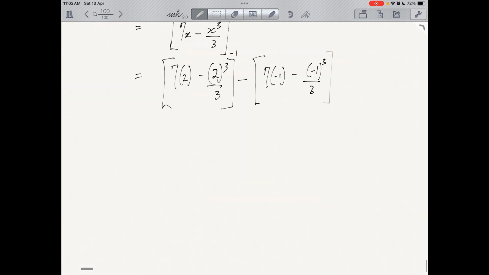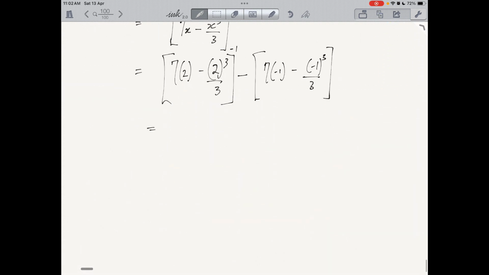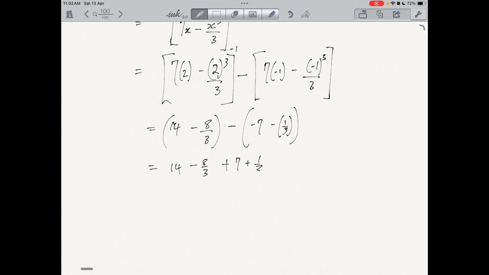Simplifying further, this gives us 14 minus 8 over 3, minus minus 7 minus 1 over 3. So this gives 14 minus 8 over 3 plus 7 plus 1 over 3, and this is equal to 18 square units.